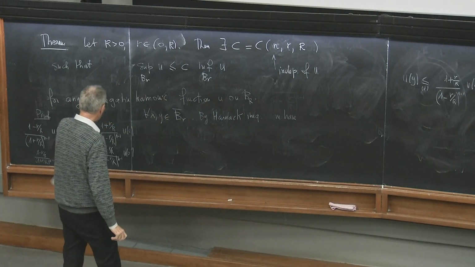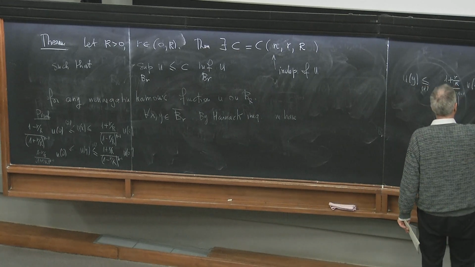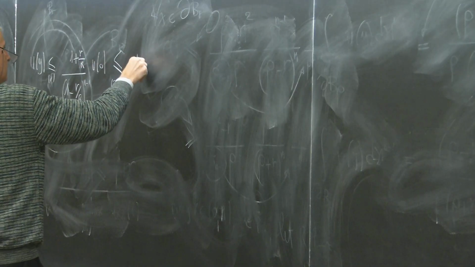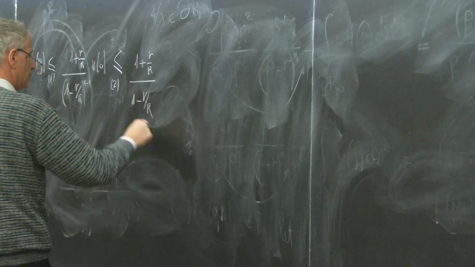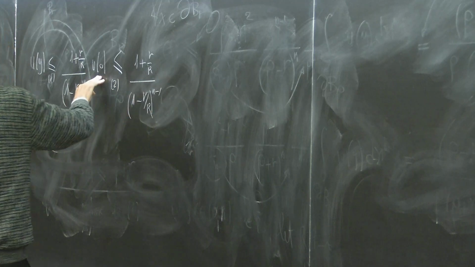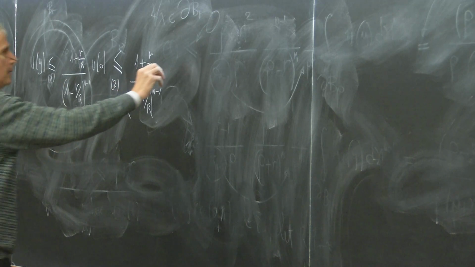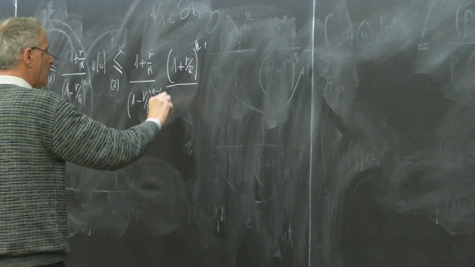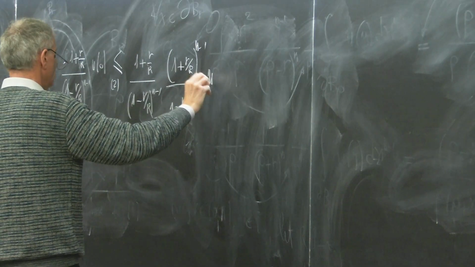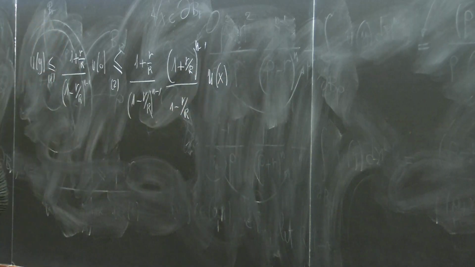So we use now 2. So we copy this. Now u of 0 is less than or equal to 1 plus r over R to the n, over 1 minus r over R. No? This should give me already the constant.